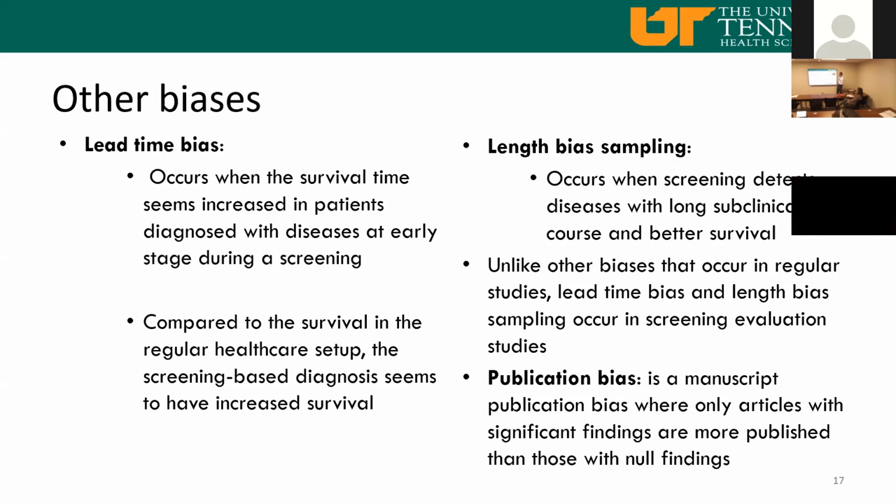Another one is length bias sampling. This occurs again when a screening detects disease with a long subclinical course and better survival.